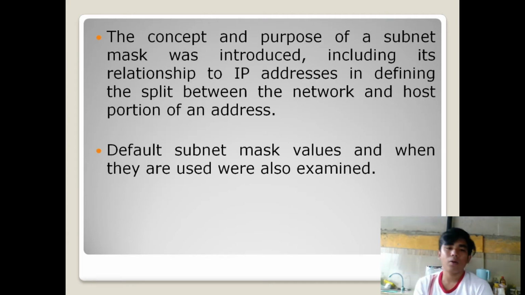The concept and purpose of a subnet mask was introduced, including its relationship to IP addresses in defining the split between the network and host portion of an address. Default subnet mask values, and when they are used, were also examined.